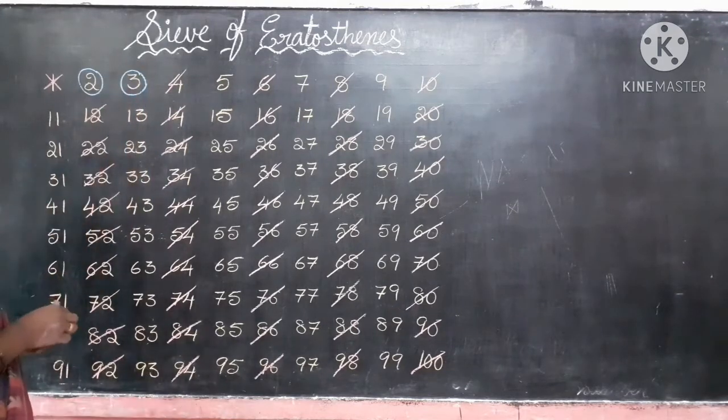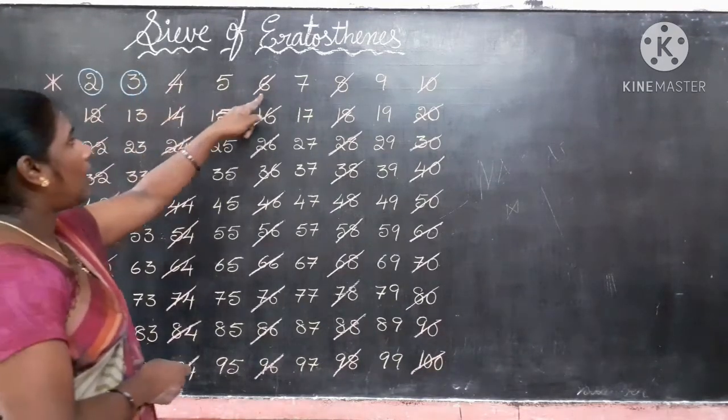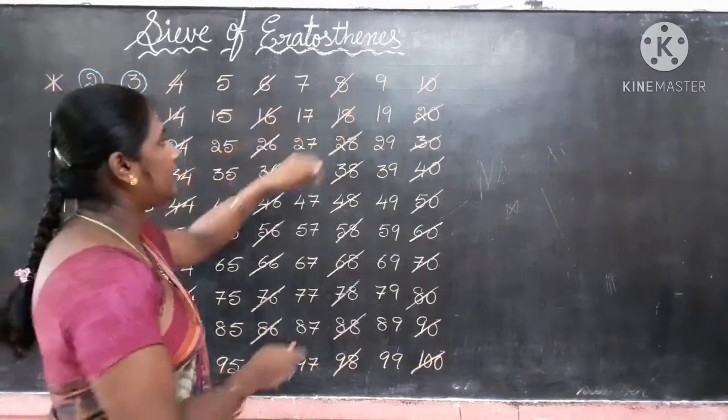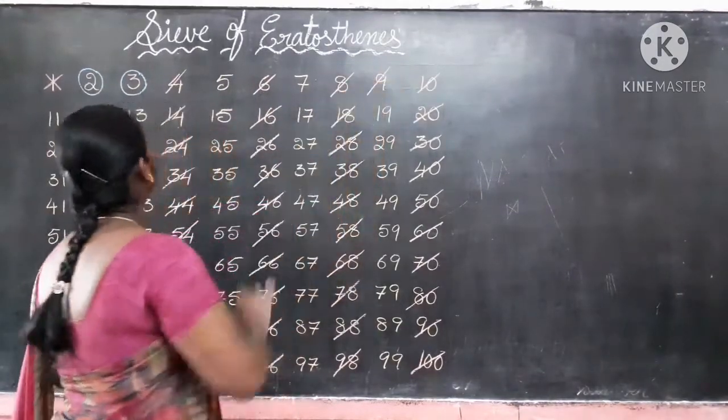Now, what are the multiples of 3? Already this one is struck out. 3 3s are 9.